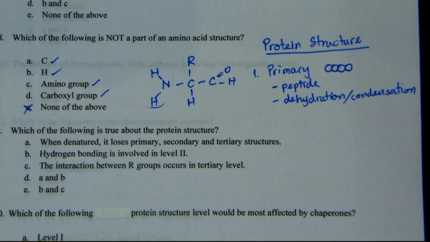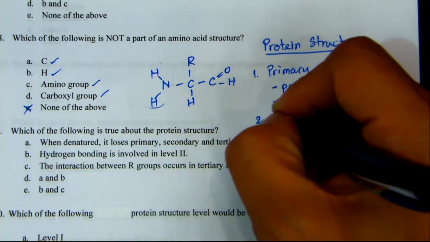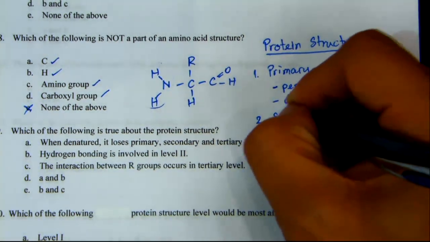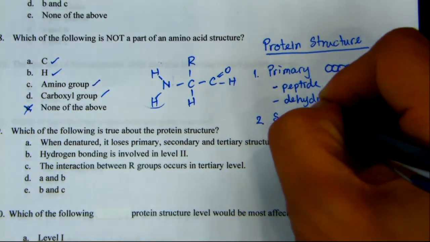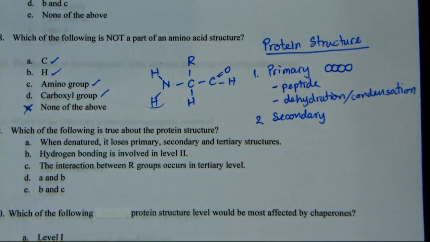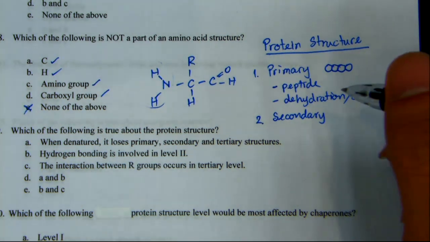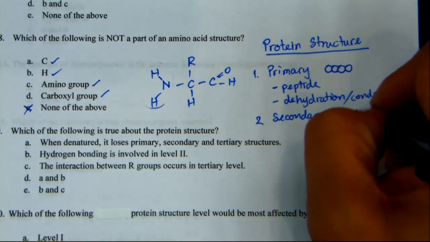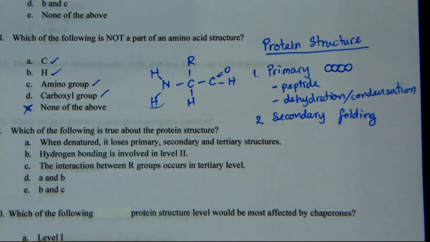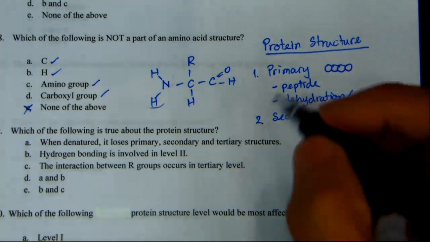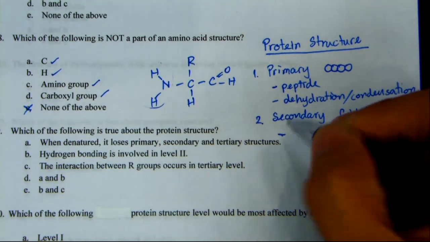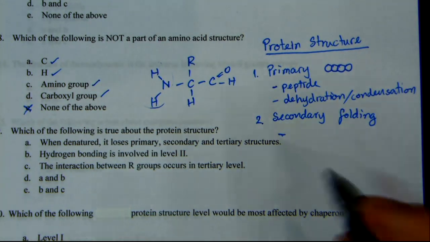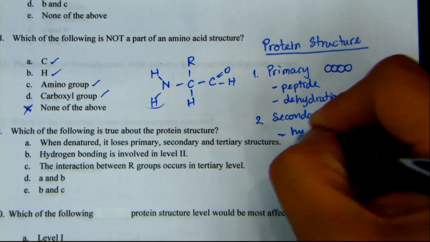So then after that, we're going to have secondary. In secondary, what's happening? The key things here is, what's that? Folding. Very good. So the key here is start to fold, right? It's folding. So what kind of bond that help us with this? Hydrogen bond.